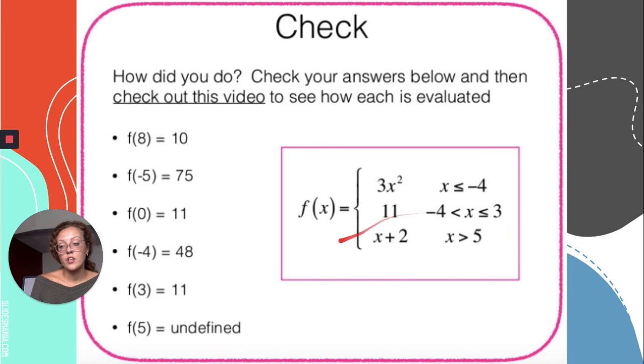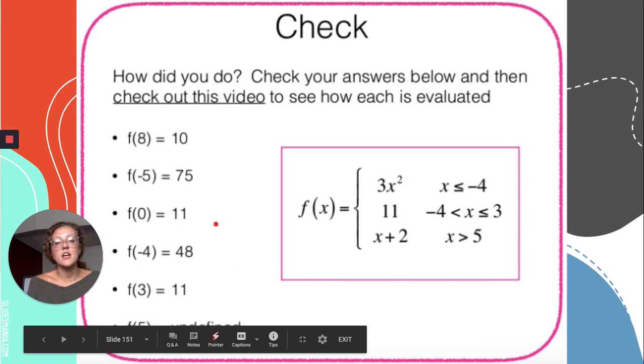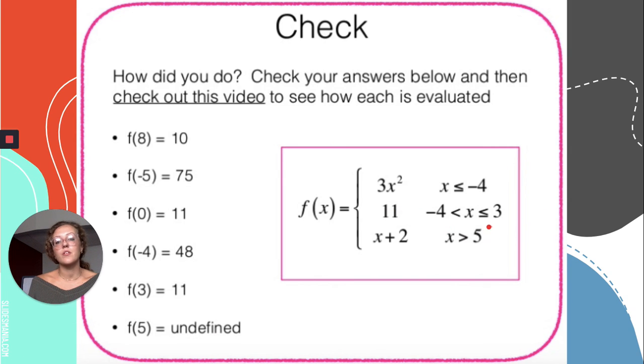No. For f of 3, you plug it into the middle function because 3 is less than or equal to 3. And then for the last one, it's undefined. Because notice, 5 is not less than or equal to negative 4, it's not between negative 4 and 3, and it's not greater than 5. There's no piece that this fits into. So it's undefined.